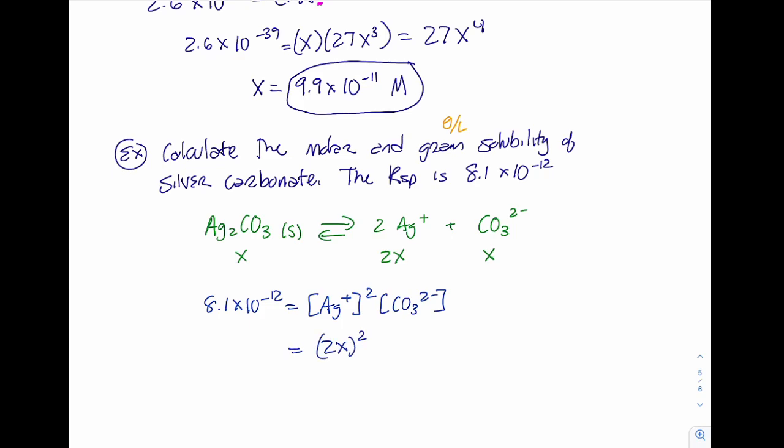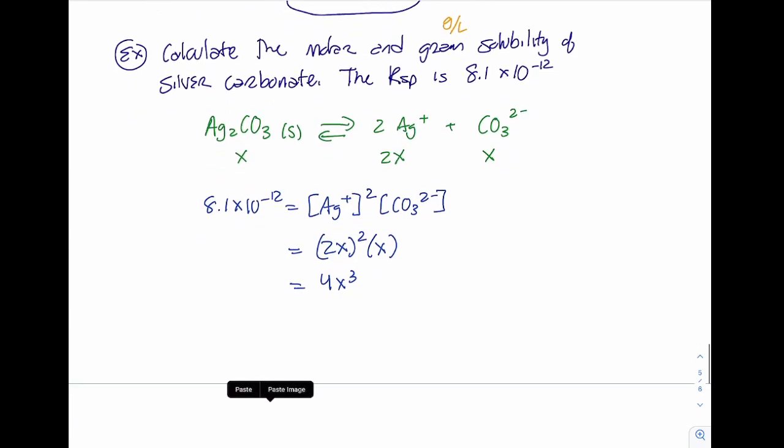Again, make sure you square the 2 and the x, right? It's (2x) squared, not 2x squared, multiplied by x. So 4x squared times x gives me 4x cubed. I'm just copying this number down. So I'm going to divide both sides by 4 and then take the cube root.